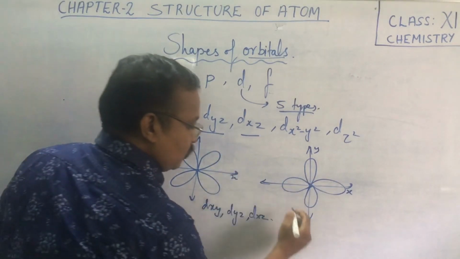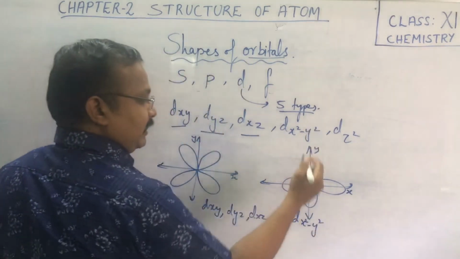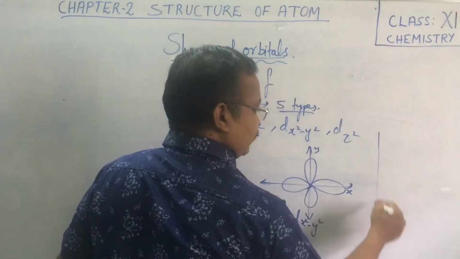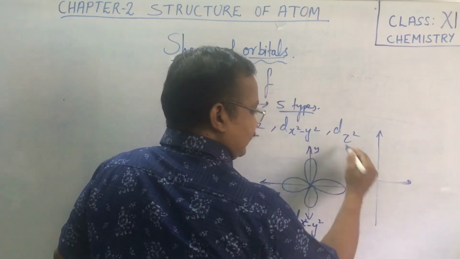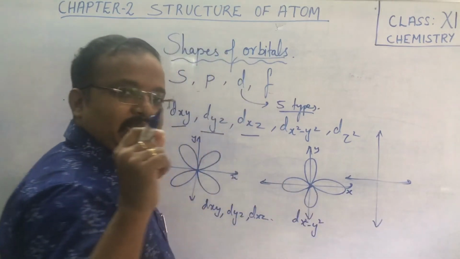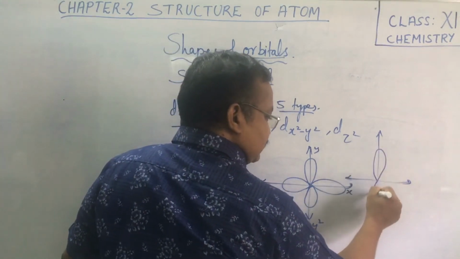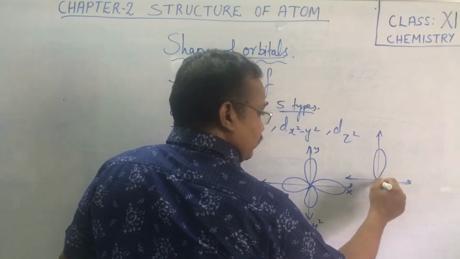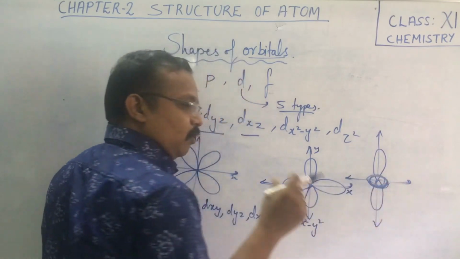Okay, so this is our dx square minus y square, and in case of dz square, that is totally different. dz square has a totally different shape in which one dumbbell is there, and in the middle there is a spherical ball like structure.